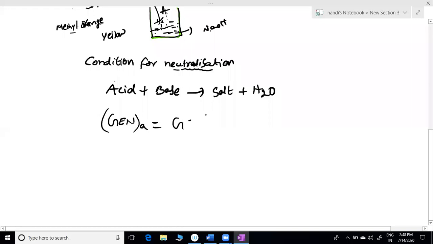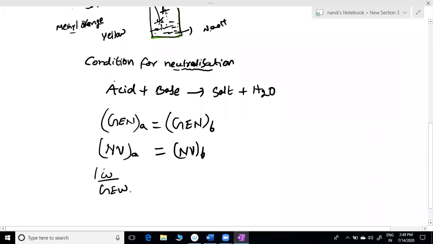Another form: NV of acid equal to NV of base. Another: weight by gram equivalent weight of acid equal to weight by gram equivalent weight of base. Any doubt here? Please check it.